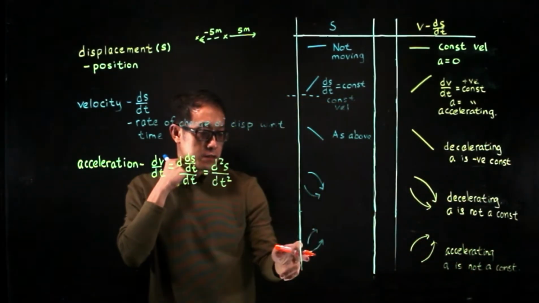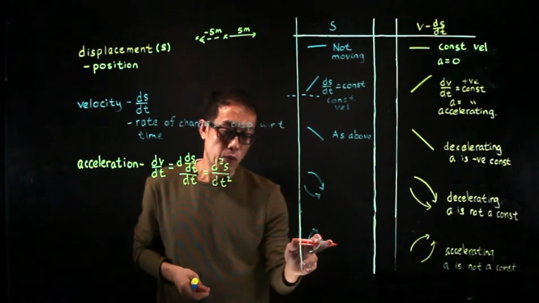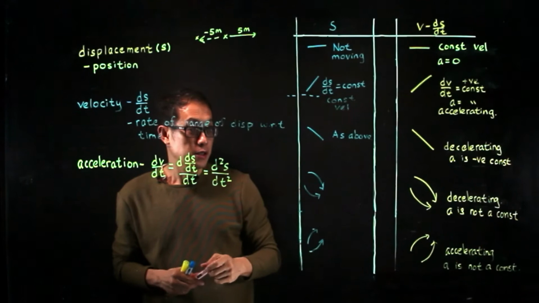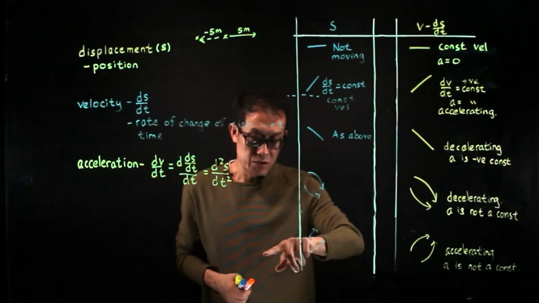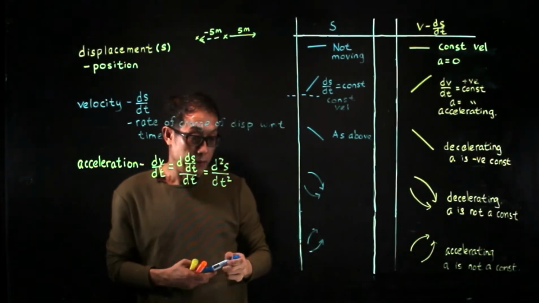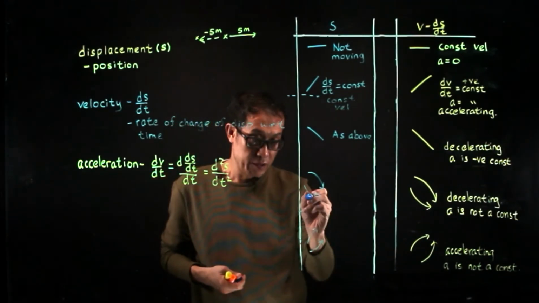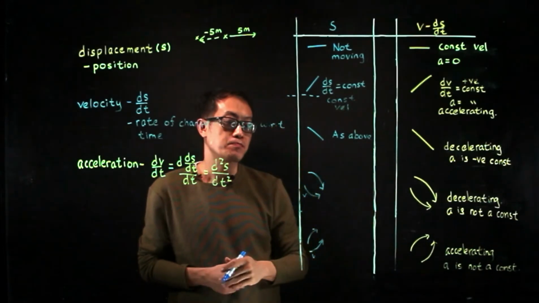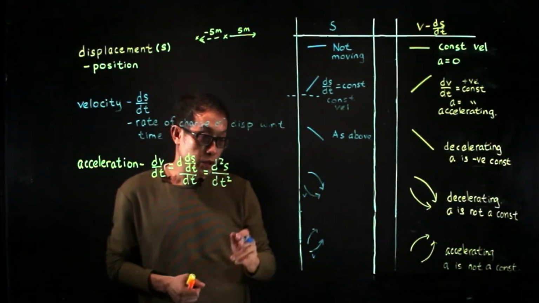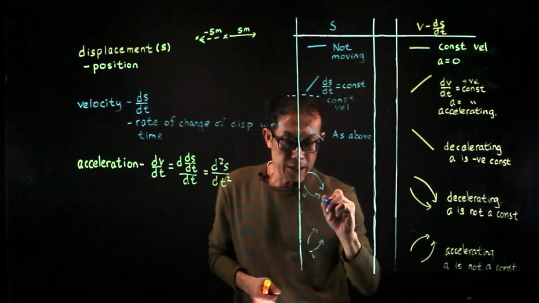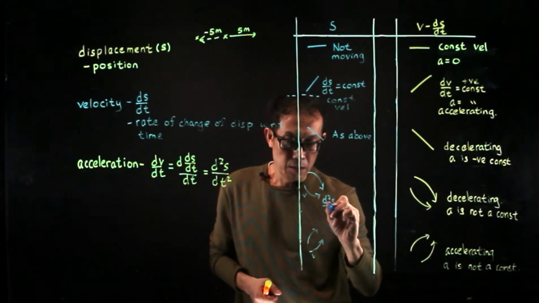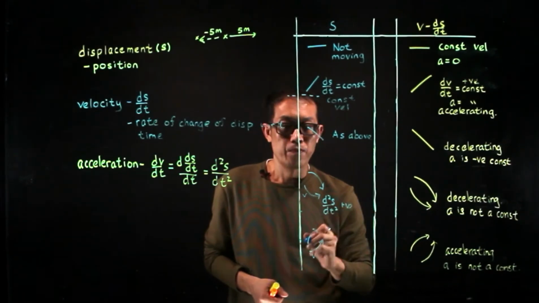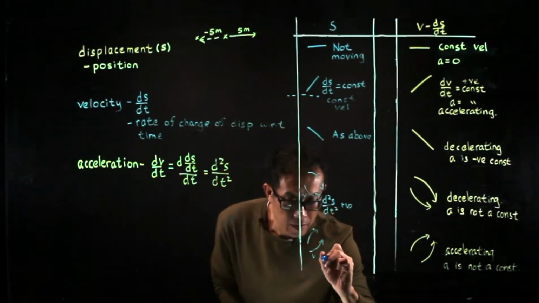Now, look at this, the one below. It is concave upwards. You learn in calculus that when the graph is this way, it is concave upwards. This is also concave upwards. Both concave upwards. When it's concave upwards, then d2s by dt squared is positive.